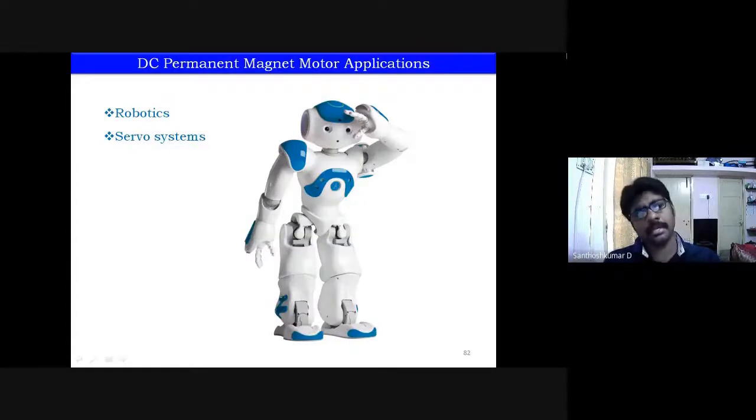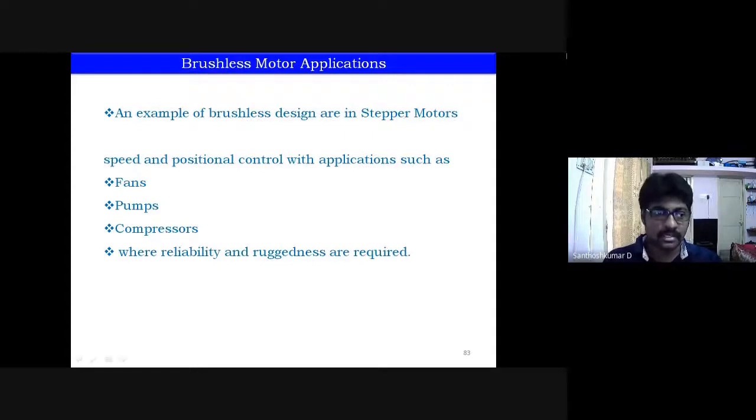Then DC permanent magnet motor, robotics. Already for robotics a synchronous motor is also used. That is why I told you that for each application many motors can be used, but it depends upon the need, upon the torque, starting torque, upon the load capabilities, we can change the motors. So robotics, servo systems, and brushless we can use for fans, pumps, compressors.